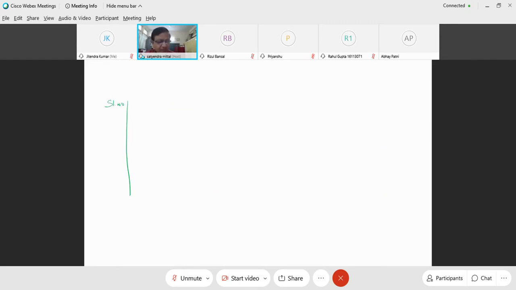So this is the table: serial number, then time in minutes, then water level in the intake pipe.